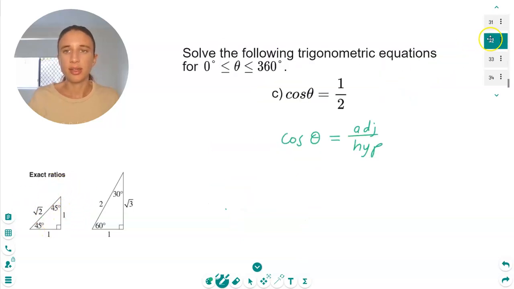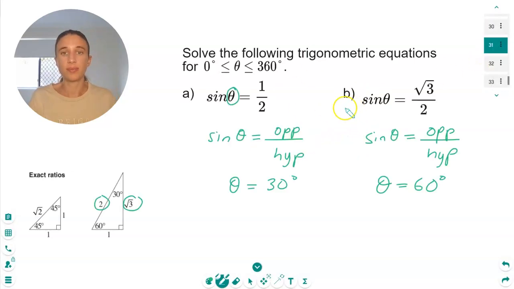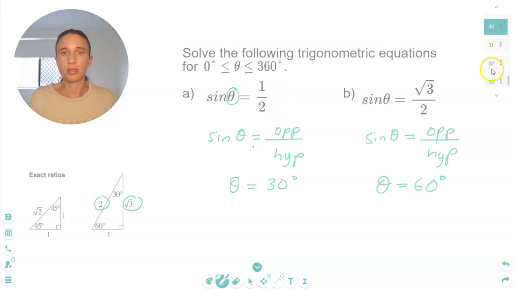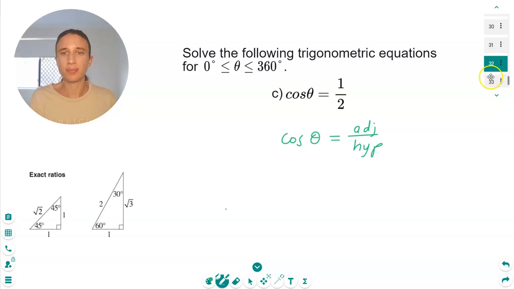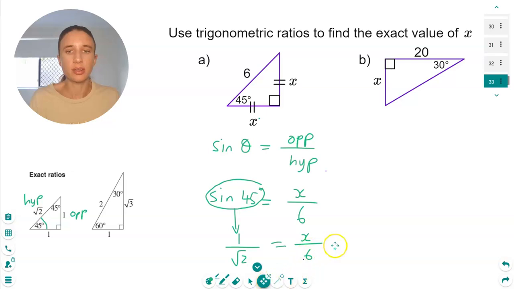In the past few questions we worked out the exact value of things. Now, sine 45, let's look at what we could replace that with. Opposite over hypotenuse, so we could replace sine 45 with 1 over root 2, equals x over 6.